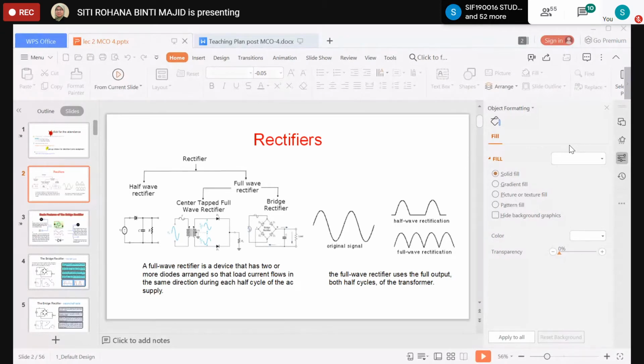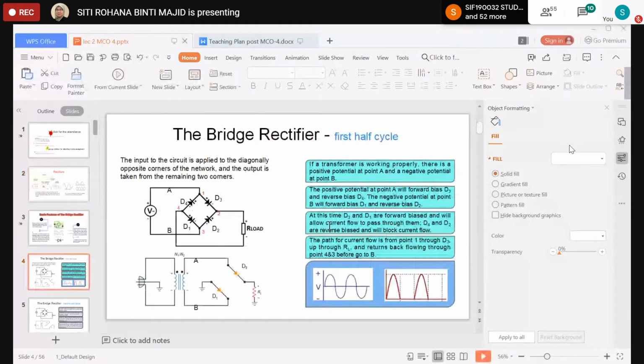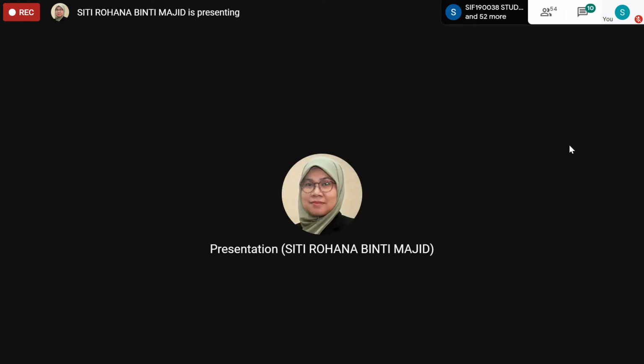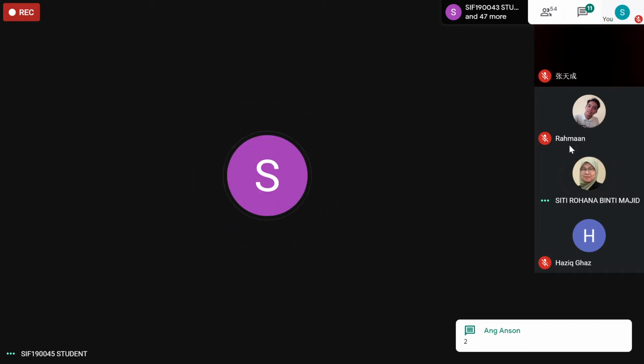This slide is not moving for us. Really? Yeah, we're still stuck at the second slide. Wait, wait. Okay, I will restart. Just now we were stuck at which slide? The second slide.